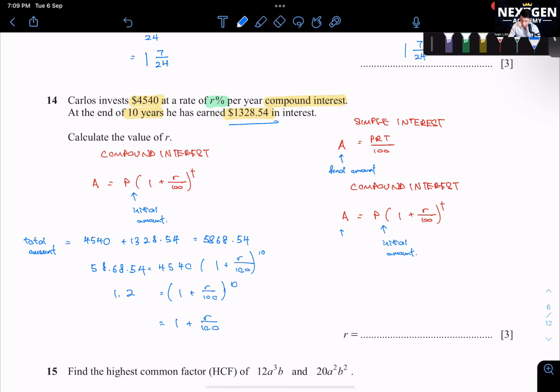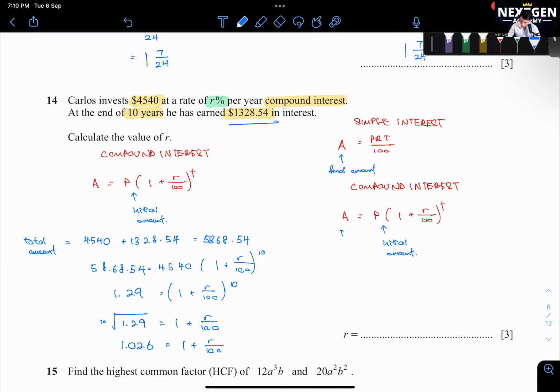We get 1.29. Then I take the tenth root of 1.29, which is very long. So you get 1.026 equals 1 plus r over 100.